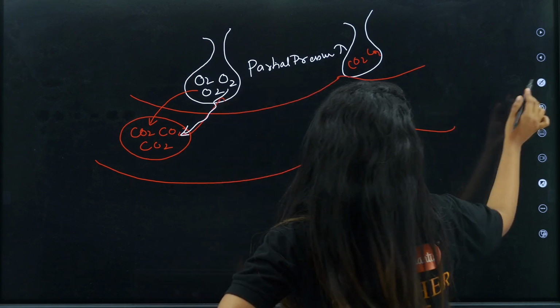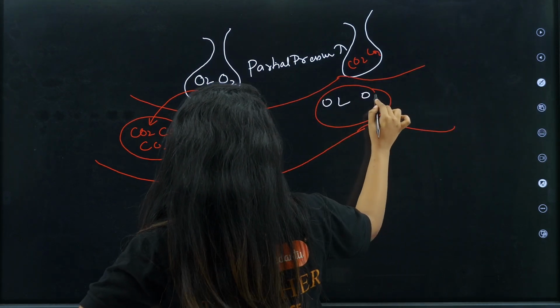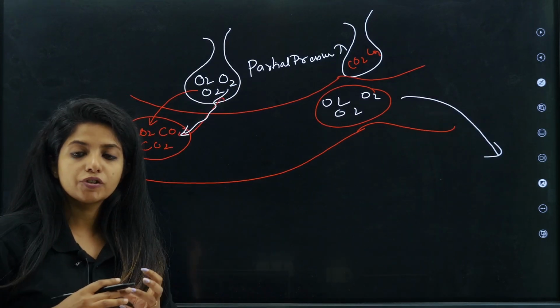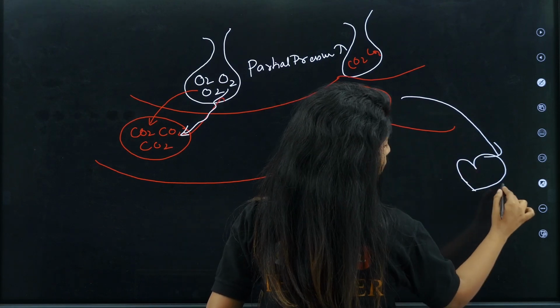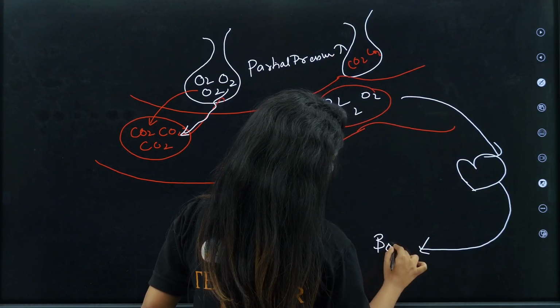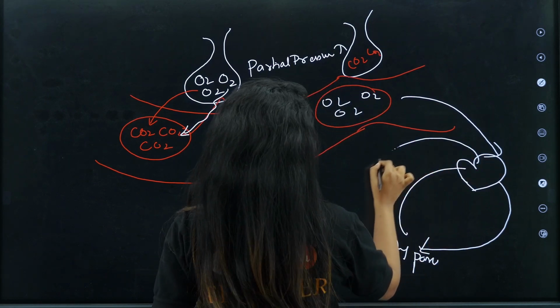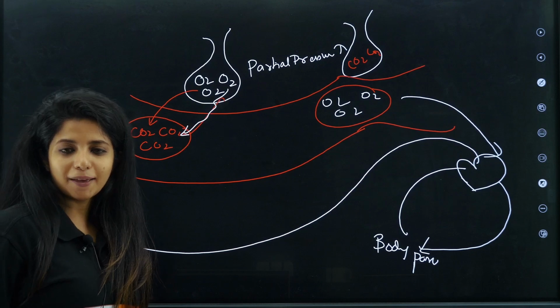And what happened to your blood cells, children? Your blood cells will be now happy because they got oxygen. Now they will take it to the heart. The heart will pump this oxygenated blood to different organs. Okay, the heart will pump the blood to different body parts. From the body parts, it will be back again to the heart. From the heart, it will pump the blood to the lungs. In the lungs, this whole thing happens.